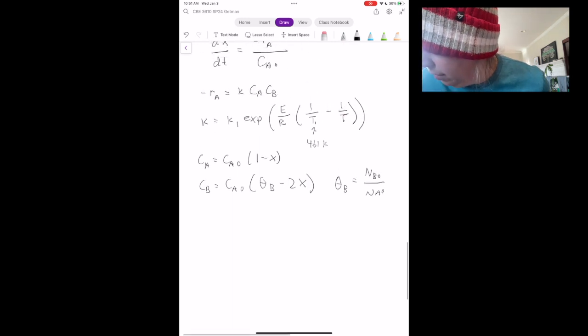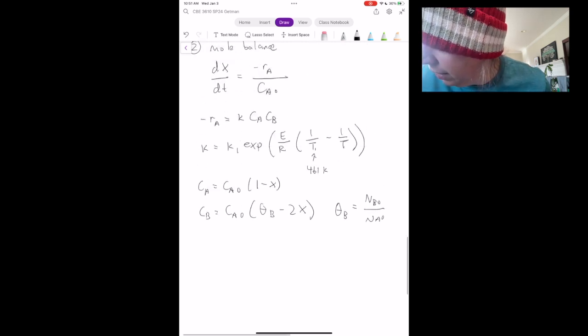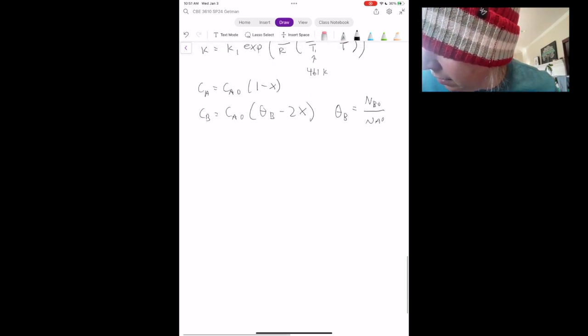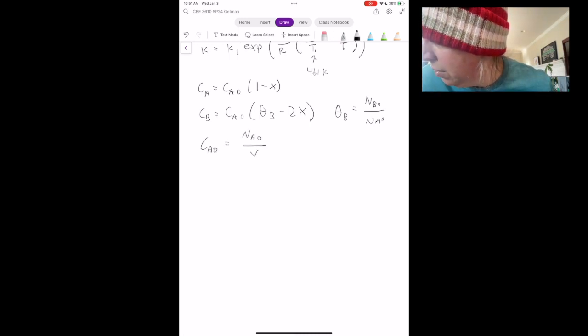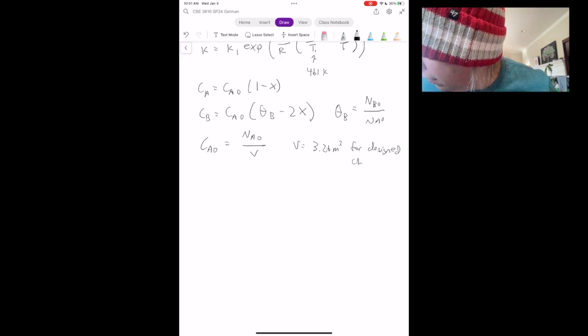And then I believe the only other thing we need for this equation is an expression for Ca naught. Ca naught is going to be Na naught divided by V. V is going to be equal to this 3.26 meters cubed for the design charge and 5.12 meters cubed for the overcharge.